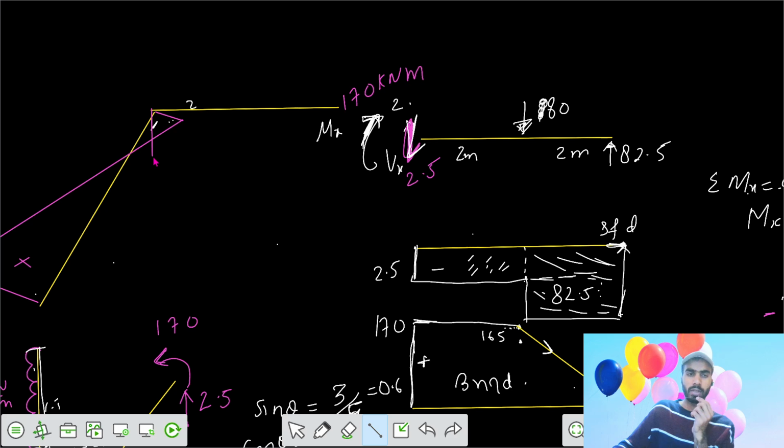The shear force diagram is perpendicular to the member. Then after that, it was linearly constant. Then after that, you had 82.5. So this is your shear force diagram: 2.5, 82.5.